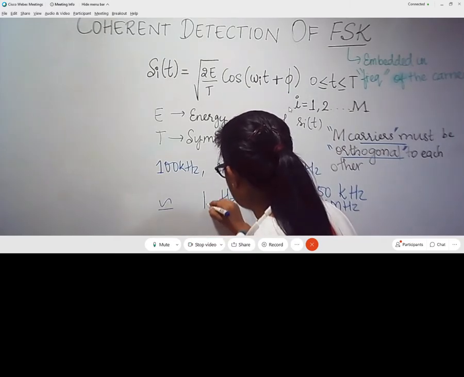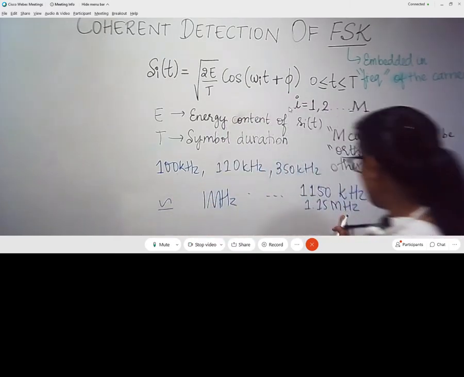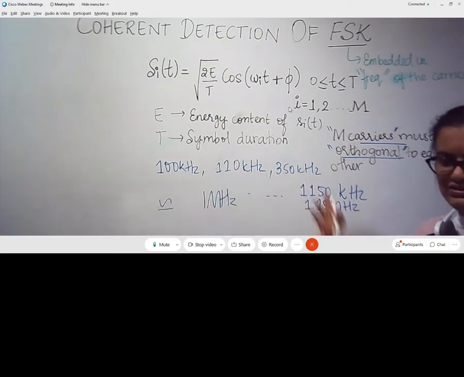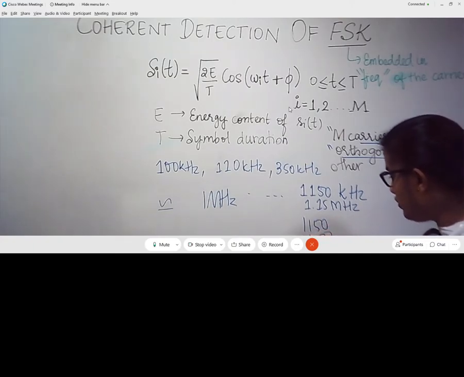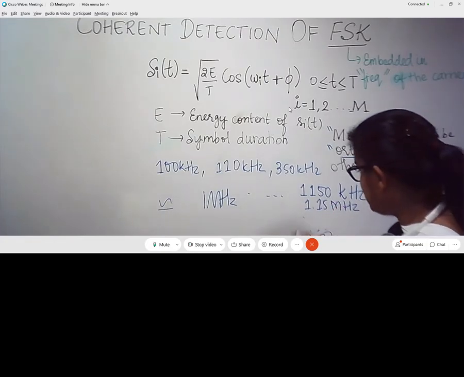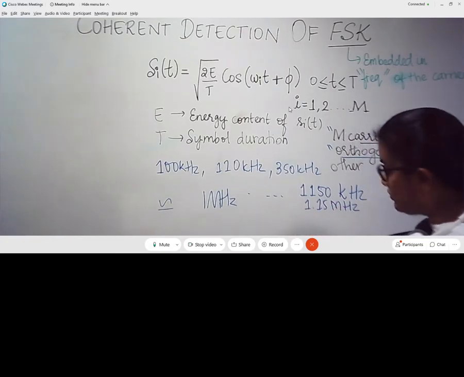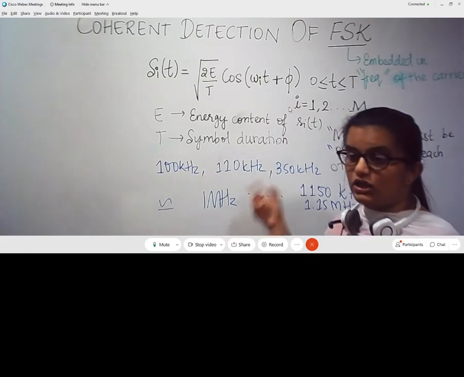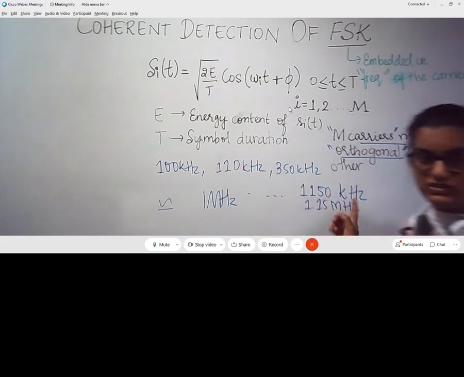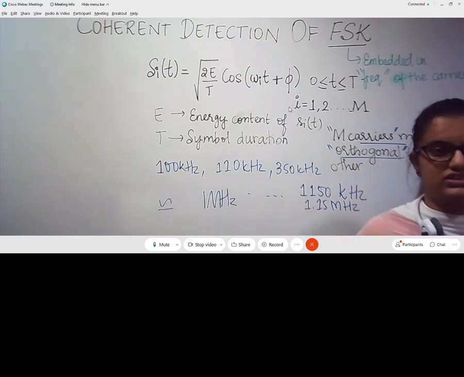You can see here, this is the minimum frequency and this is the maximum frequency. You subtract them, 1150 minus 100, and you consume 1050 kilohertz as the total bandwidth in order to transmit all the M symbols of the MFSK system.